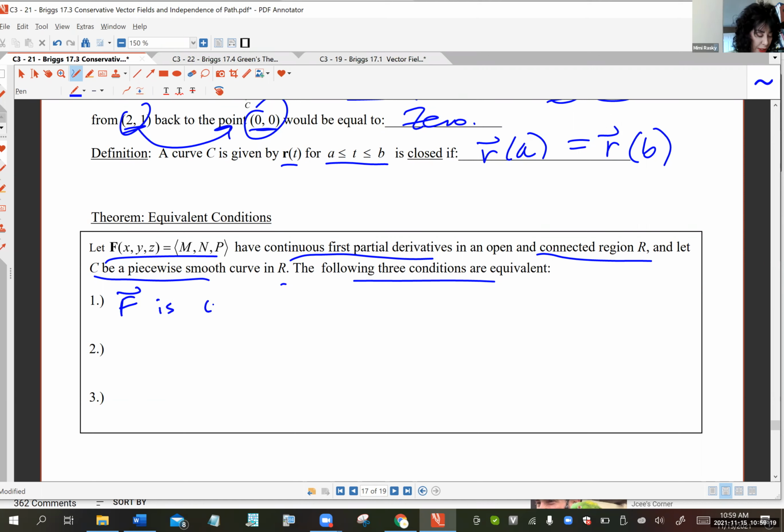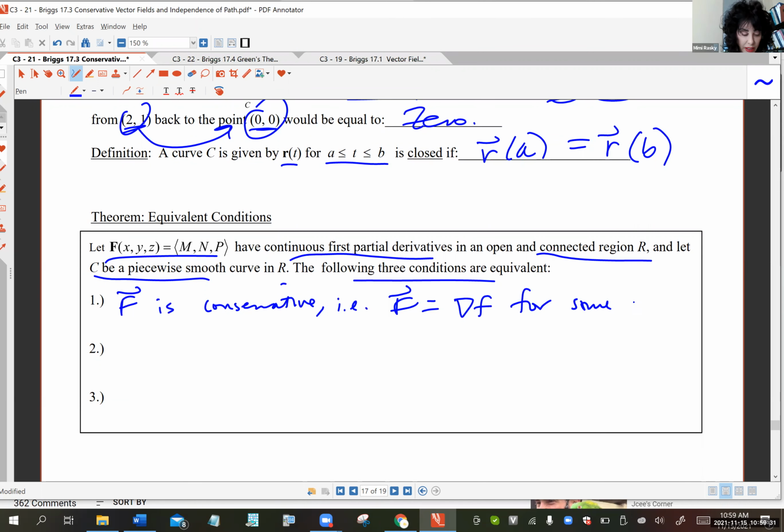Number 1. Fill in the blank here. F is conservative, i.e. F is the gradient of some scalar function f, little f, and f is the potential function. Number 2: the line integral, any line integral that you do, is independent of path.